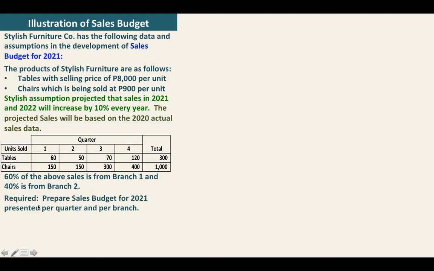So required, we will prepare the sales budget for 2021 presented per quarter and per branch. So that is the requirement: the 2021 budget broken down per quarter and per branch. Okay. Let us develop the budget.